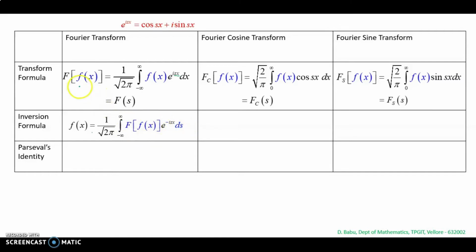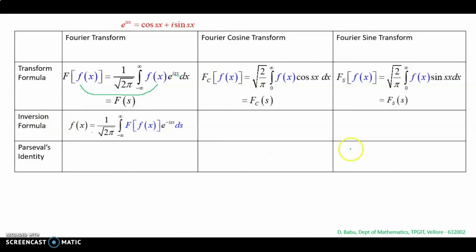So we interchange this and this. Another change is here plus isx, here minus isx. Another important change is that here we integrate with respect to x only, but here we integrate with respect to s. Then only we get the answer in terms of x.